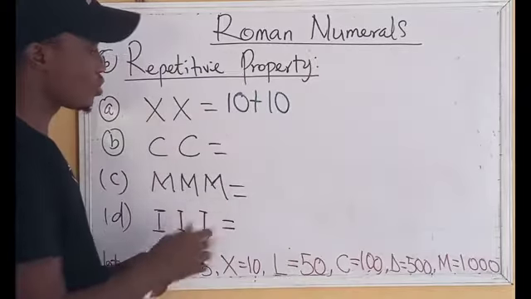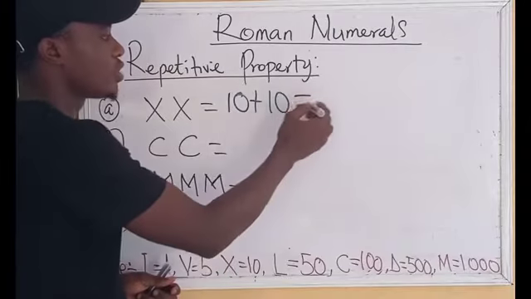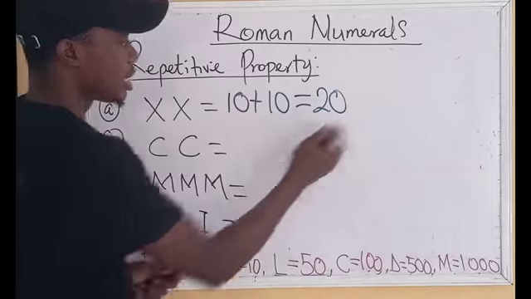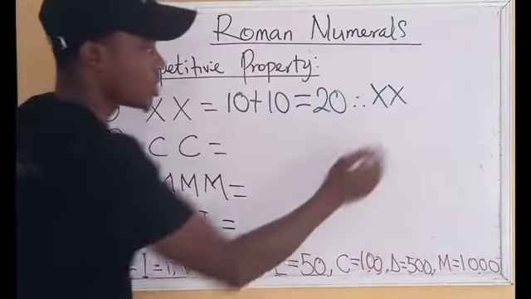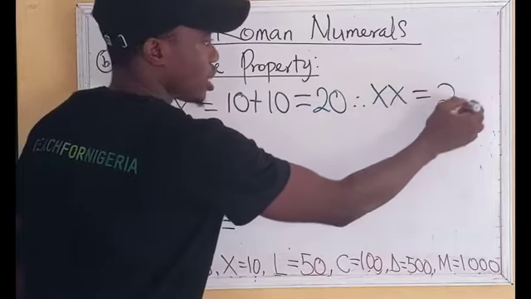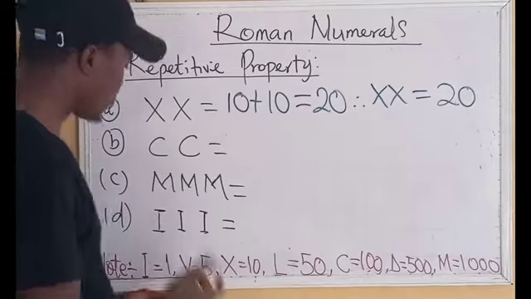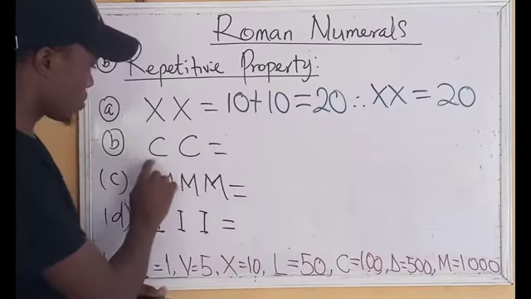When we add 10 and 10, we have 20. So from here you conclude that XX is 20. Is that understood?